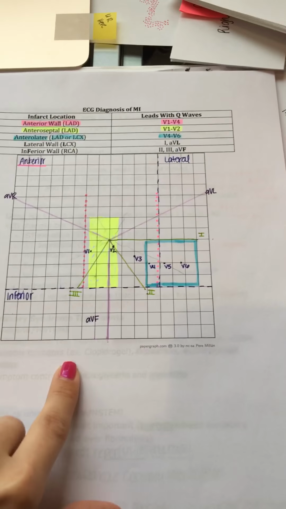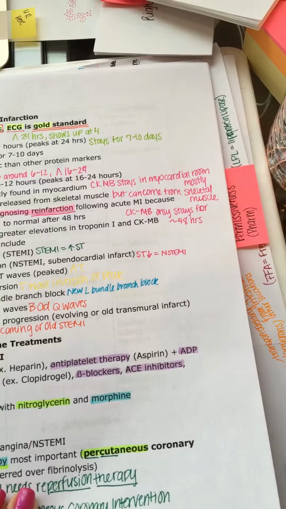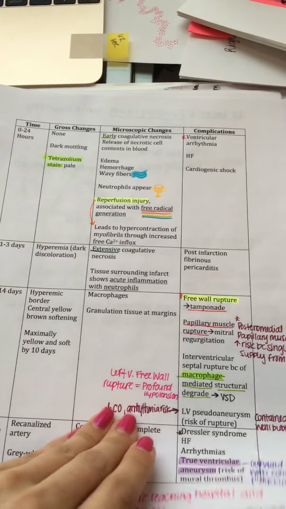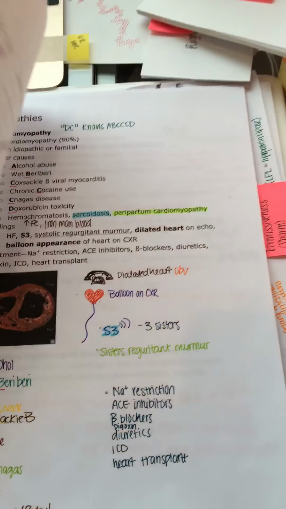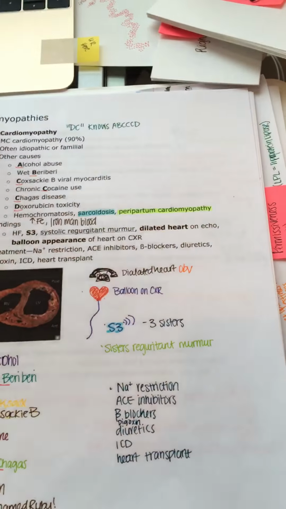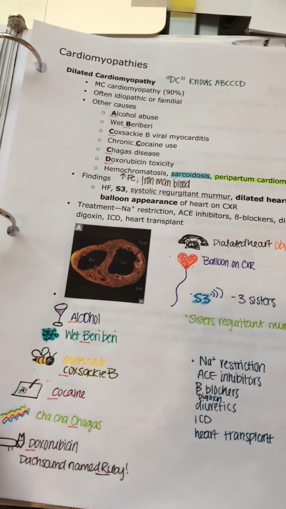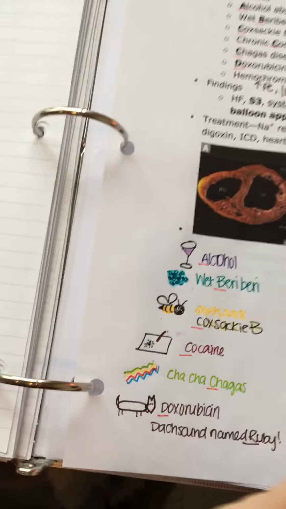I'll send this to you. I made my own chart for the AFib and MI. I can send that to you as well. Any little notes like this are probably something from UWorld that I added in. And I like drawing, so I got a ton of pens over here.